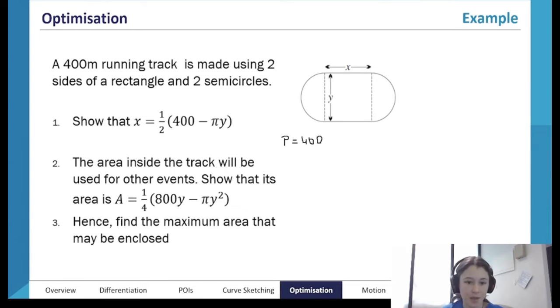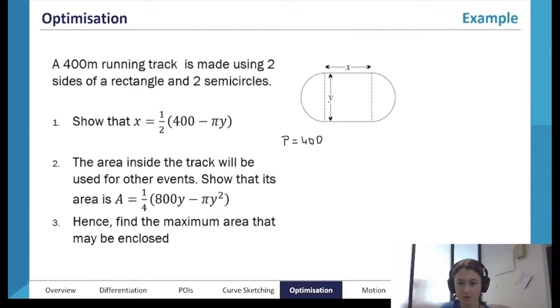And then we want to determine the relationship between X and Y. So just at face value, what it looks like to me is that this Y value here is actually the diameter of this semicircle, which could be useful in coming up with our answer, right?